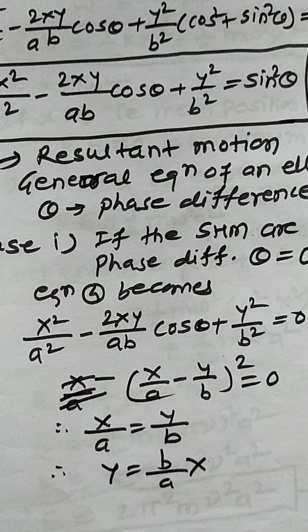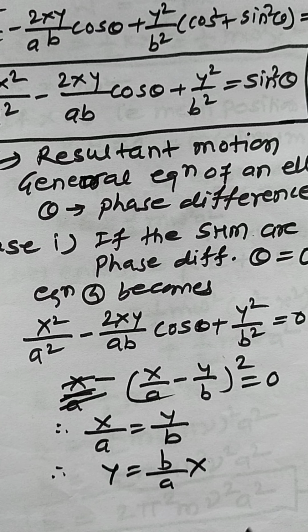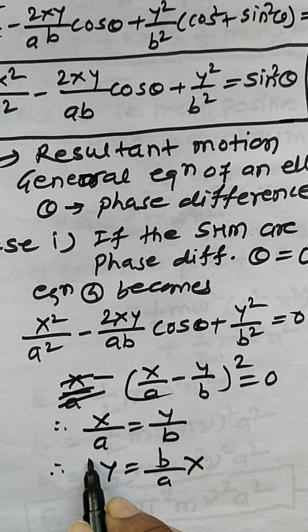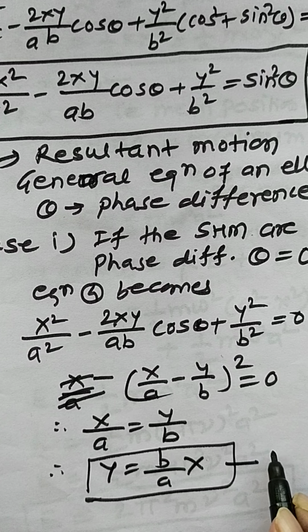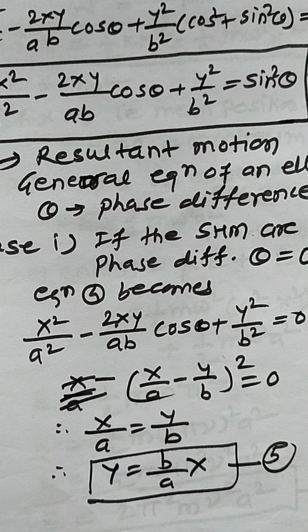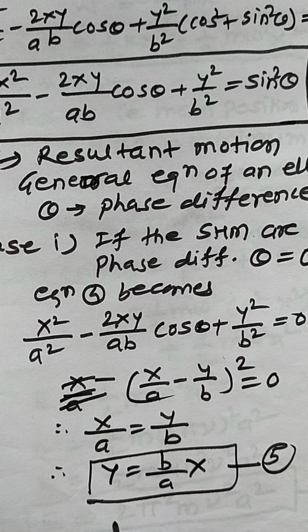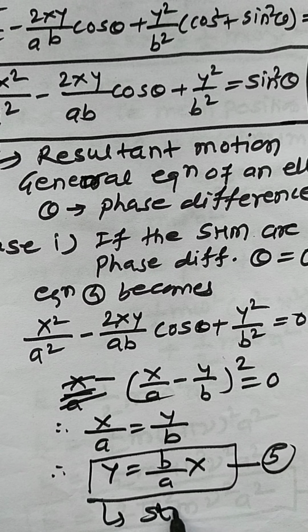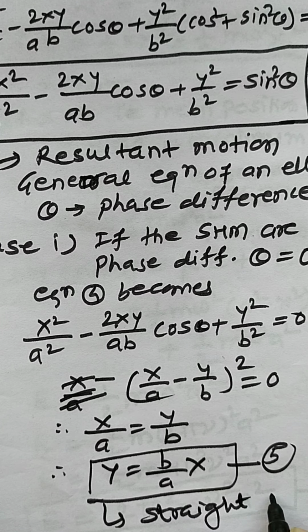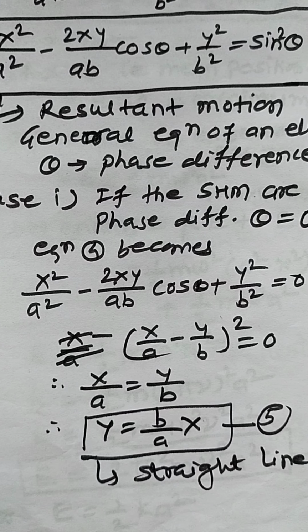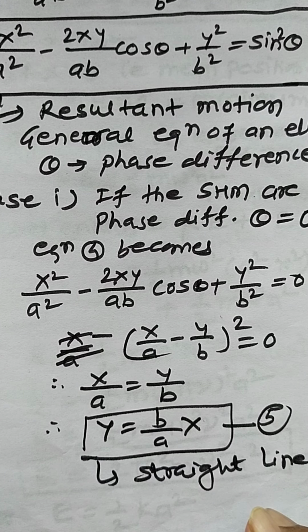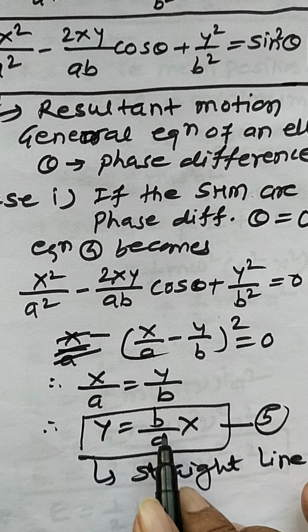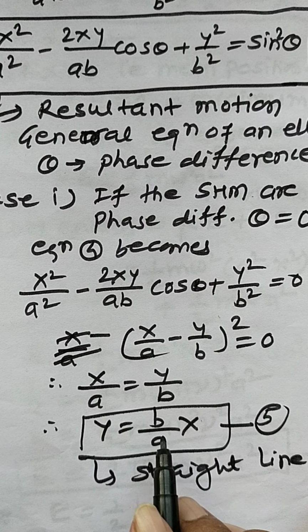This equation y is equal to b upon a into x is equation number 5. This equation represents a straight line through the origin and having the slope b upon a, and the resultant motion is a SHM along the straight line.